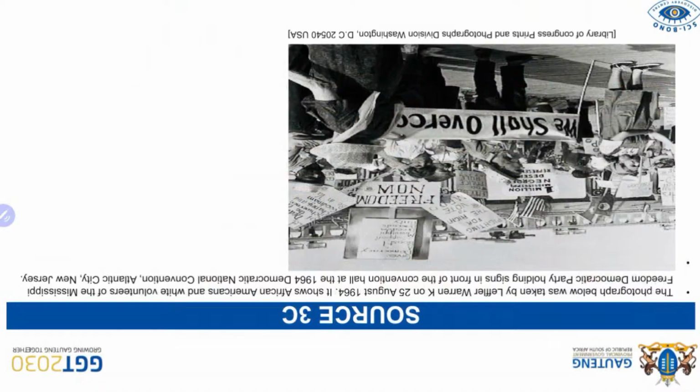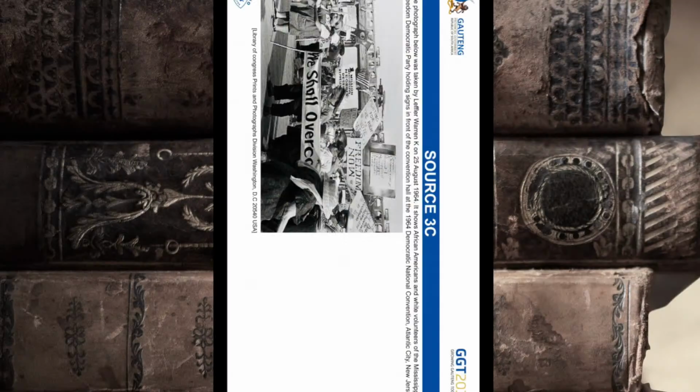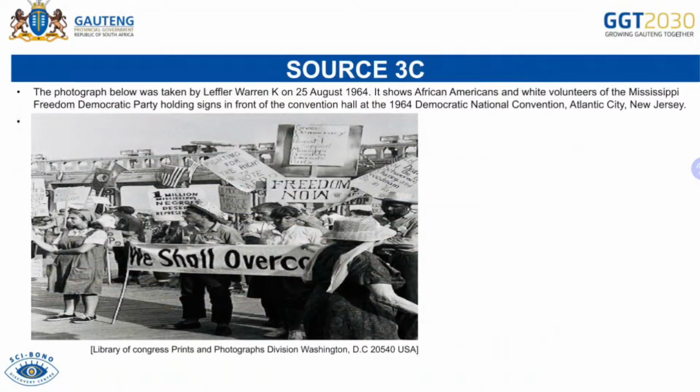The photo below was taken by Warren K. Leffler on 20 August 1964. It shows African Americans and white volunteers of the Mississippi Freedom Democratic Party holding signs in front of the convention hall at the 1964 Democratic National Convention, Atlantic City, New Jersey, basically.